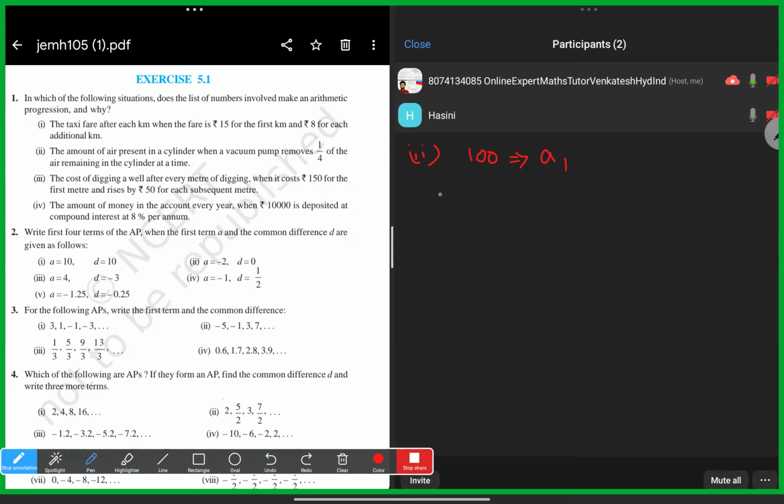Now one-fourth is removed. One-fourth of 100 means 1/4 into 100, which is 25. They are particularly talking about the amount of air present in the cylinder. So if 1/4 of 100 is removed, 25 is removed.